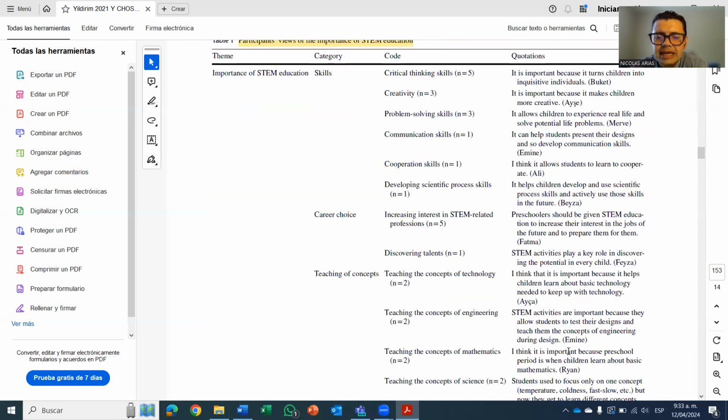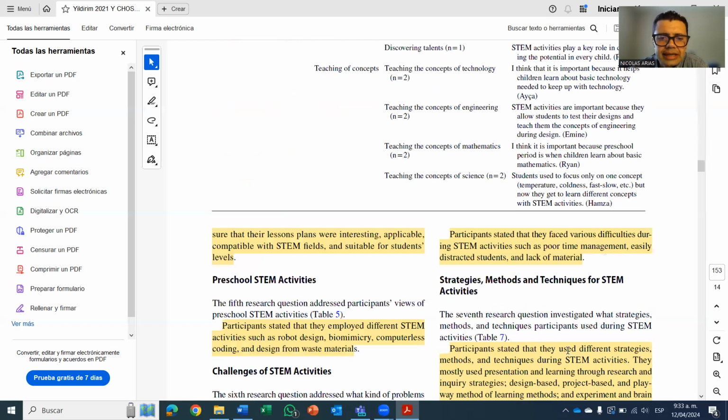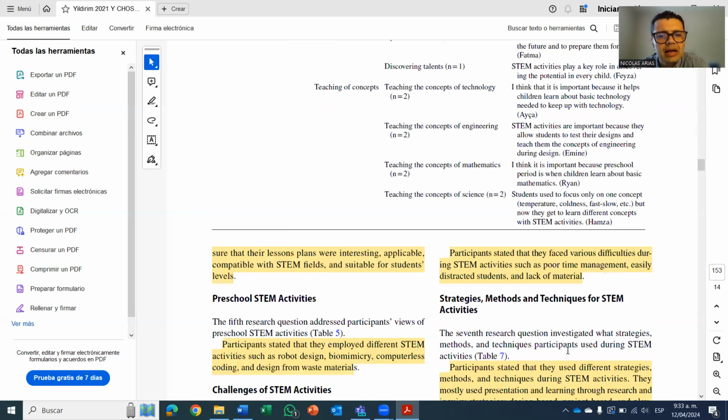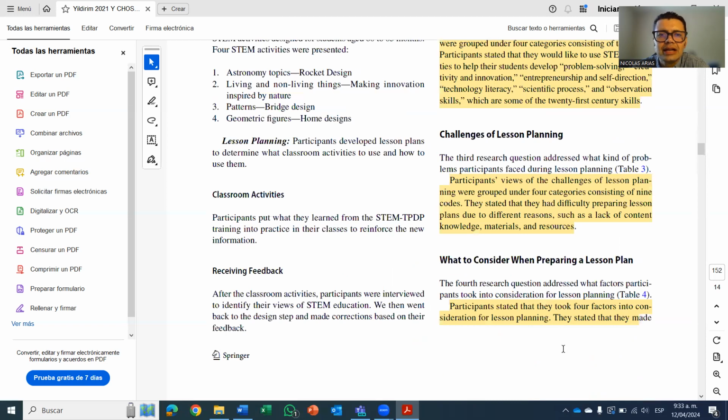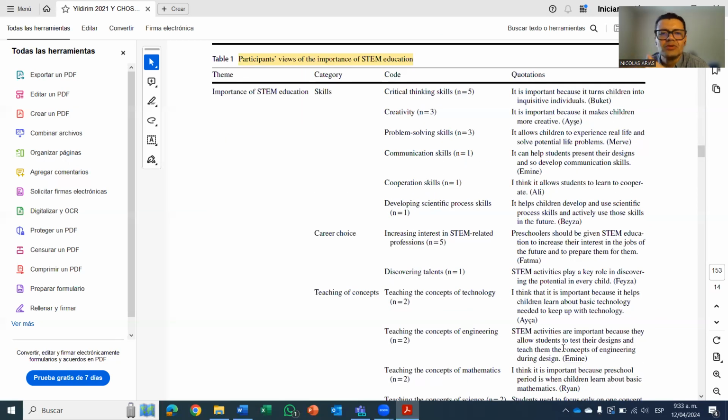They stated that they made sure that the lesson plans were interesting, applicable, compatible with STEM fields, and suitable for student levels. This is like a table that shows the main theme, their division and categories, the codes that they took for each category, and the weights.